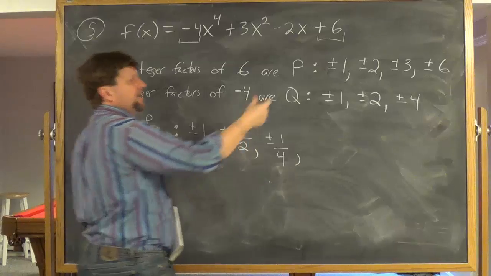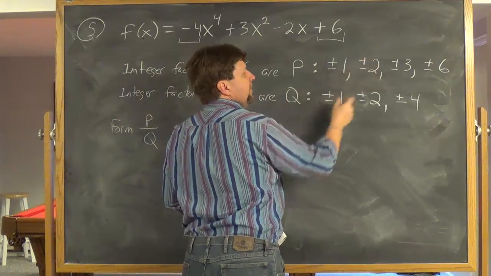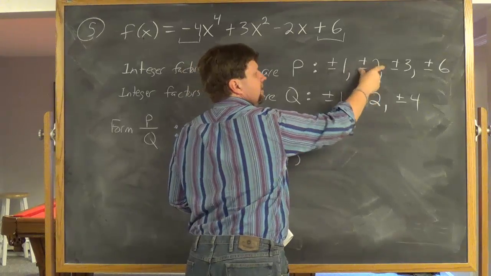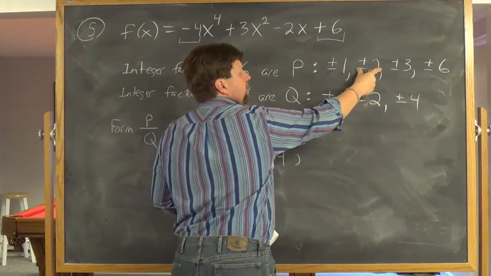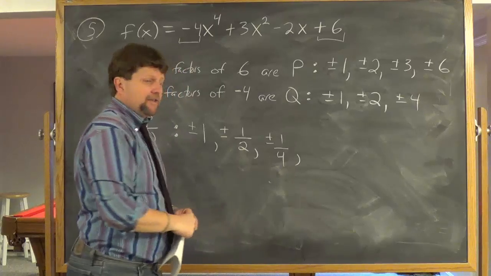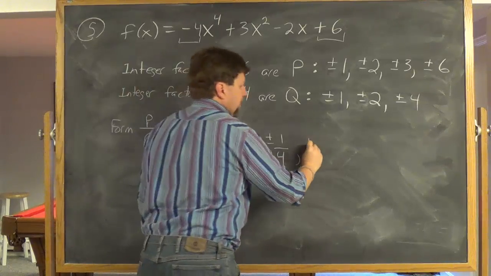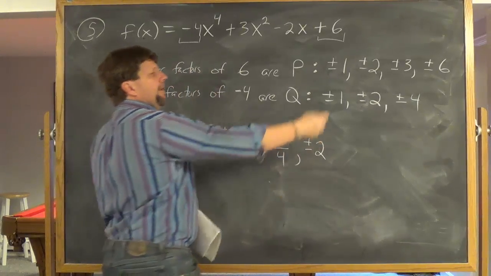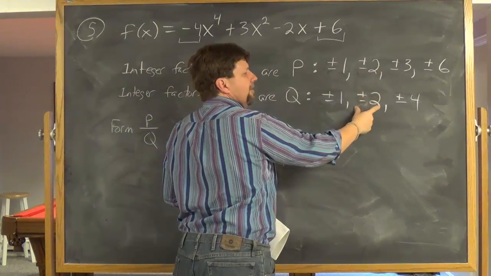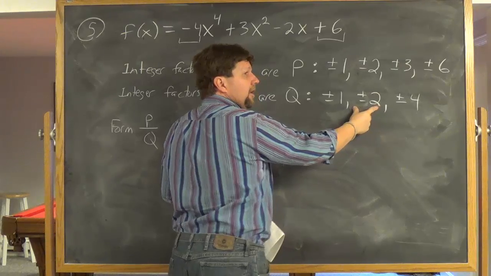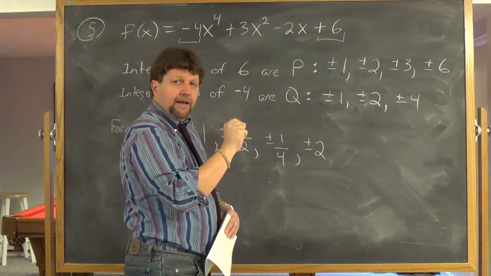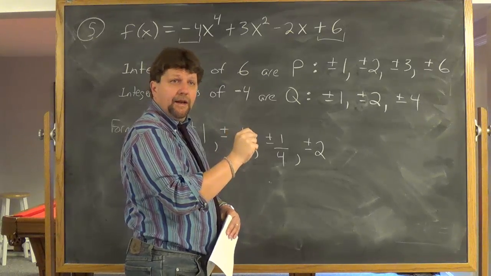So I move to the next p, and it would be this over this, this over this, this over that. So plus or minus 2 over plus or minus 1. Well, that's plus or minus 2. Then I'd have plus or minus 2 over plus or minus 2. Well, plus or minus 2 over plus or minus 2 would simplify down to plus or minus 1.